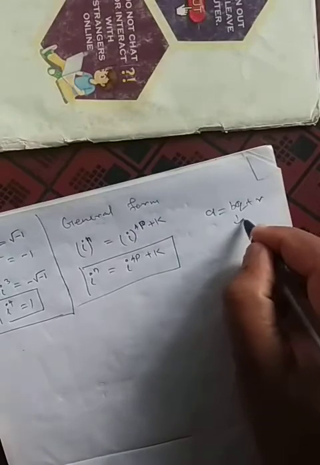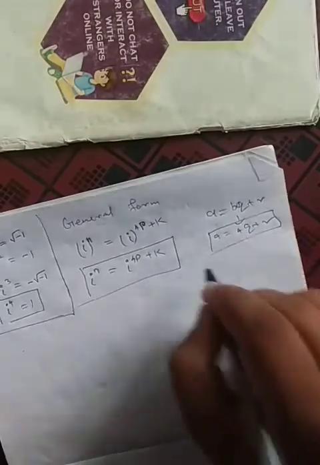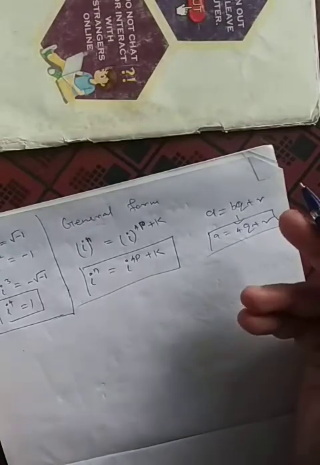This b will become 4. That's the form: any number a we can write as 4q plus r, if we are taking the divisor b as 4.